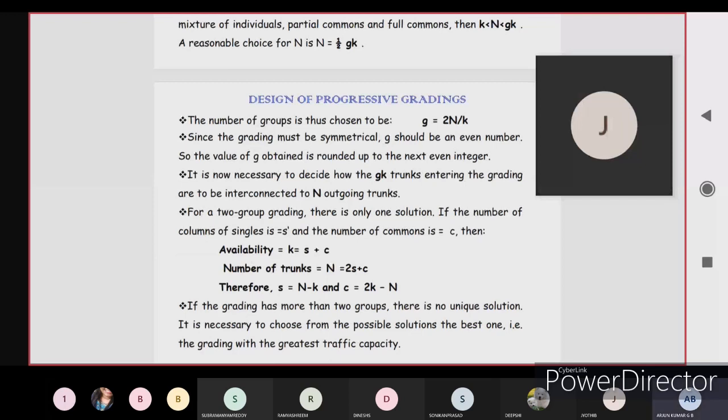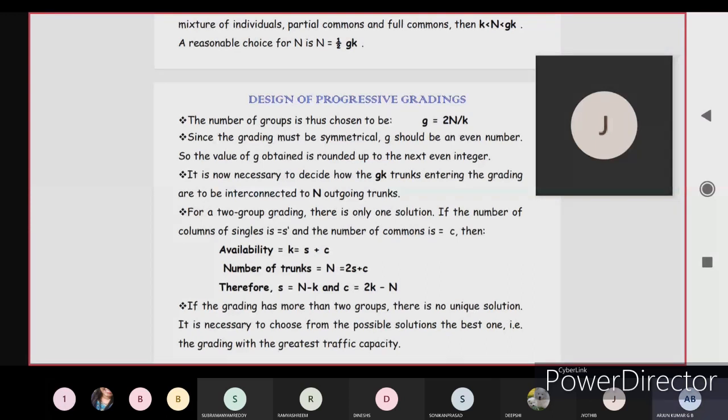Then it is necessary to decide how the gk trunks entering the grading are to be interconnected to the n outgoing trunks. Suppose this is a two group grading.